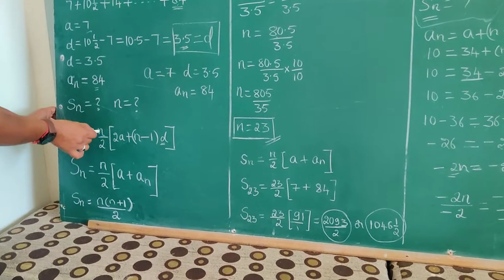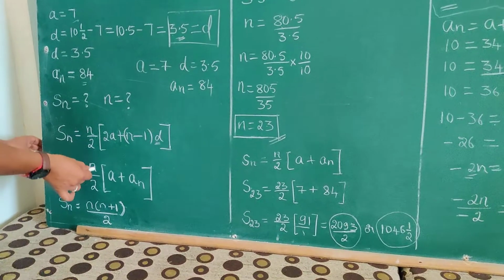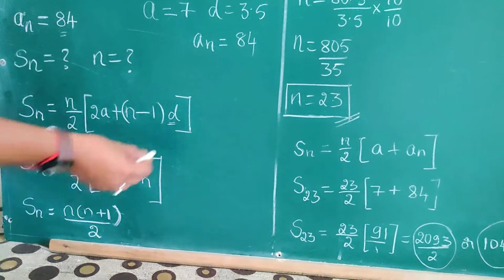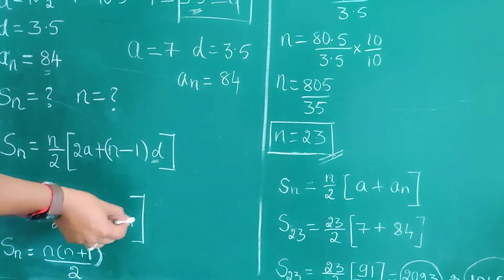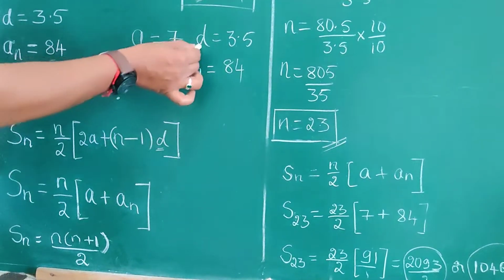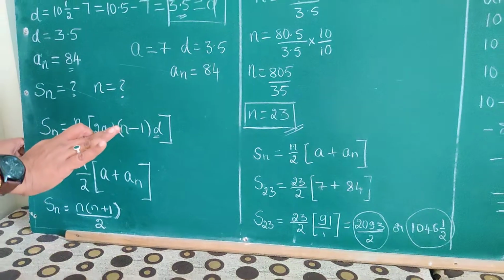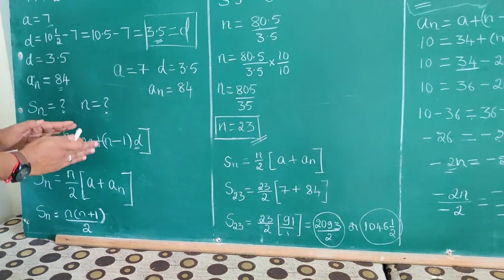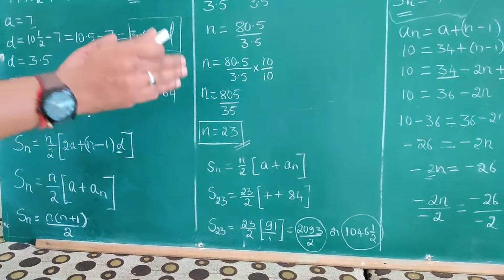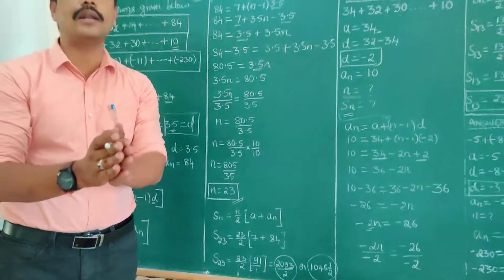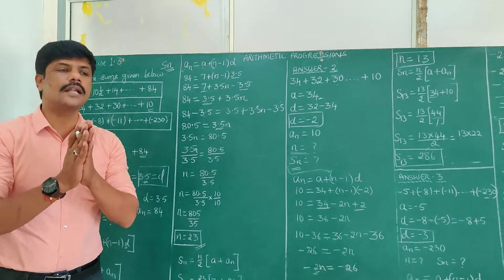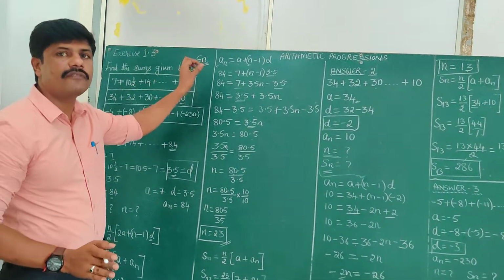Only after knowing n can we find the sum of n terms. And observe the second formula. In the second formula we have a and l values where d is not required, but still n is required. Understand properly. In both the formulae, n is very important. Without finding the value of n, it is not possible to find the sum of n terms.